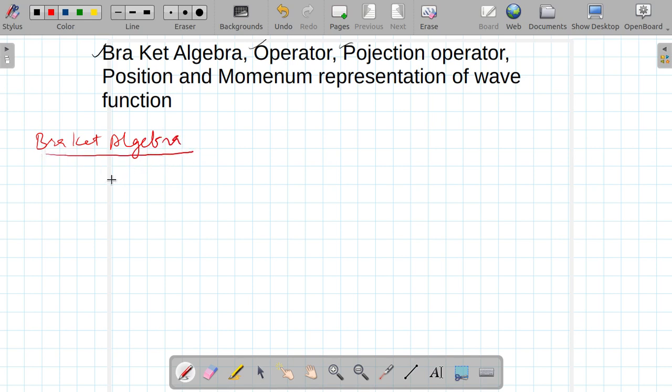So consider a two-dimensional vector space. I'm taking a two-dimensional vector space just for the sake of simplicity.